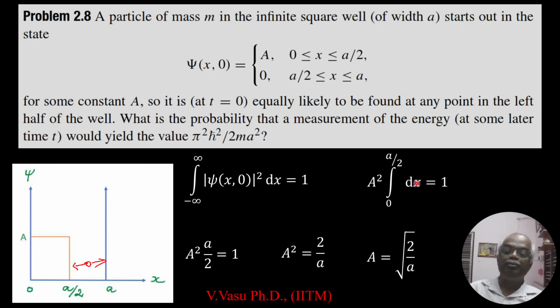If you integrate dx, you will get x. When you substitute x as a by 2, and 0 for the lower limit, this will become A squared times a by 2 is equal to 1. That means A squared is equal to 2 over a, and A is equal to square root of 2 over a.